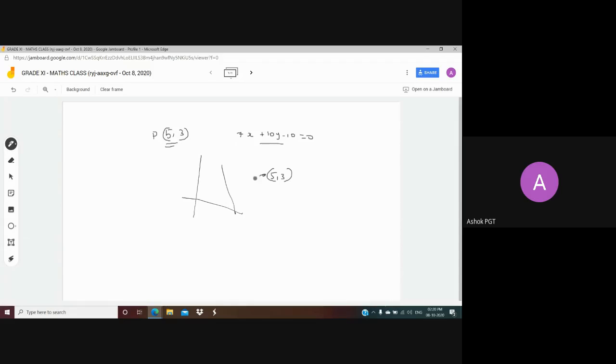The distance between them is given by the formula: in place of x we will substitute 5, so 7 into 5 plus 10 into, in place of y we are substituting 3, minus 10, then whole divided by the square root of coefficient of x square plus coefficient of y square. Are you clear, students? If we simplify this, you get the distance.